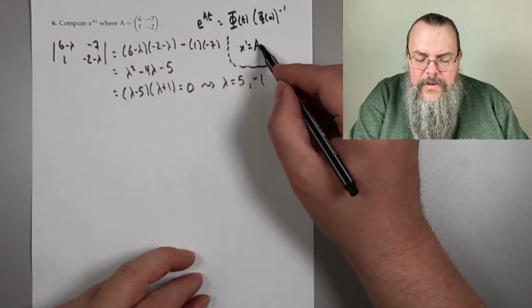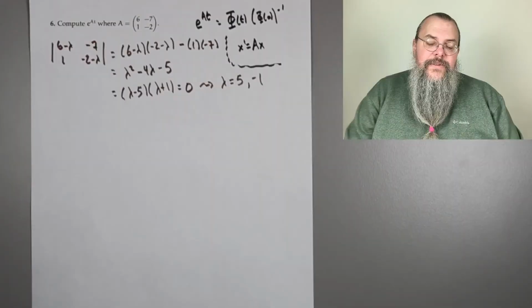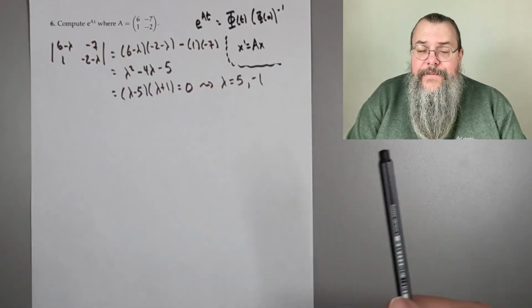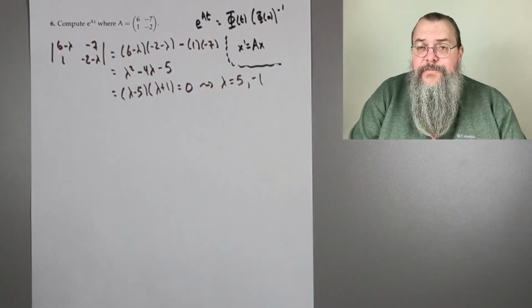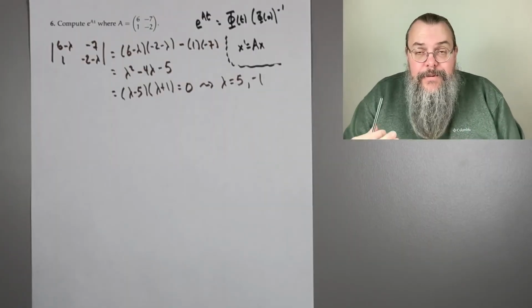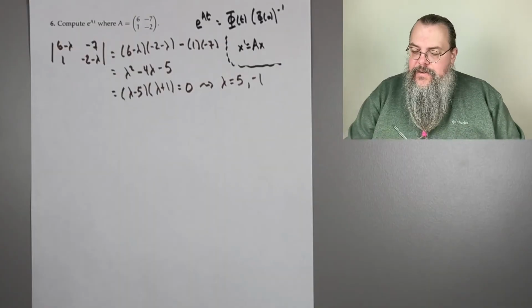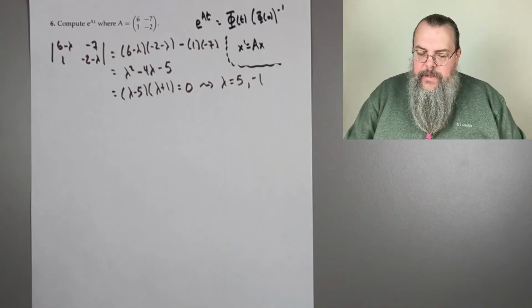Even if you don't, you pretend like there's this x prime equals ax. What do you do? You find eigenvalues and eigenvectors, and then you multiply e to the lambda t times v, and then you've got solutions. So that's exactly what we're going to be doing. All right, so let's keep going in this direction.